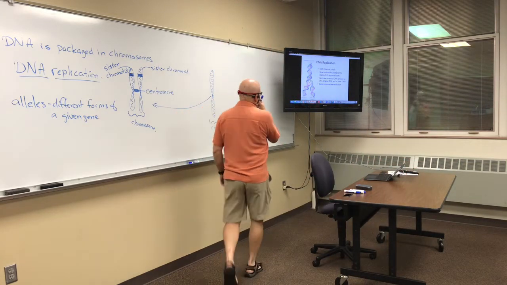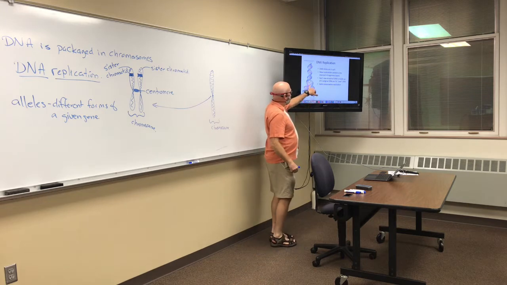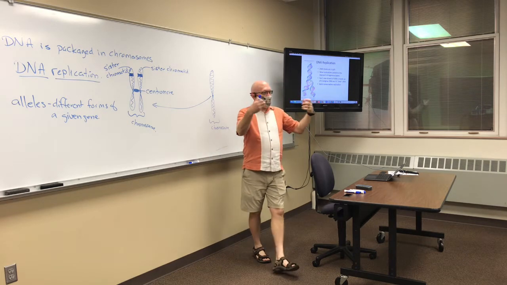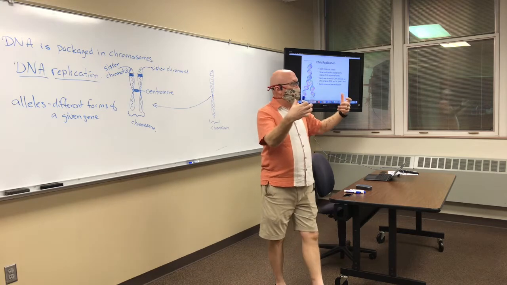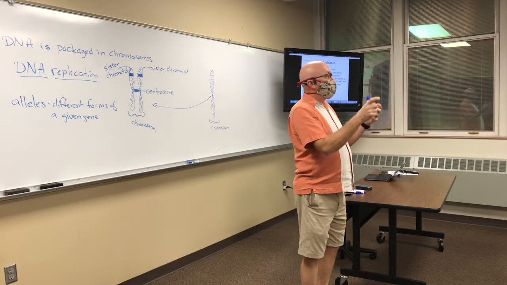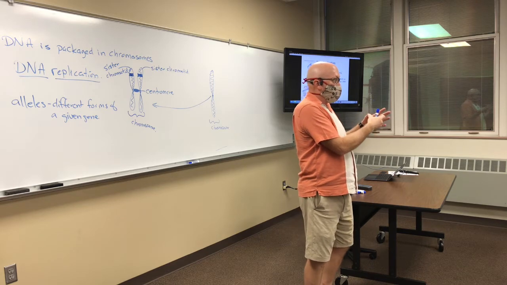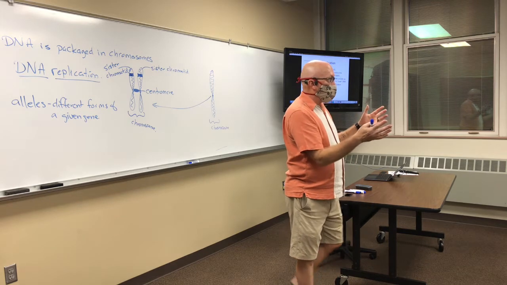And I also told you that because of complementary base pairing, adenine always bonds to thymine, and cytosine always bonds to guanine. So once you have those nitrogenous base pairs separated from one another, it provides the opportunity for other nucleotides to come in and add themselves to the split open DNA molecule.